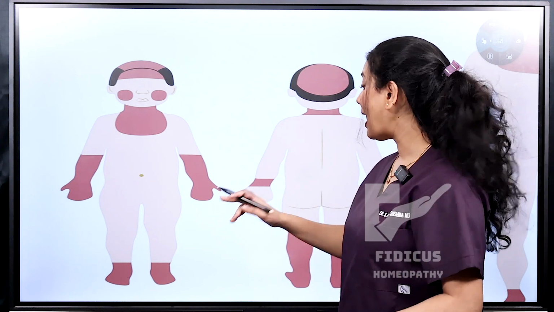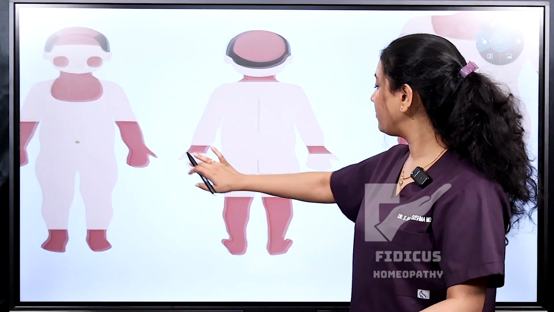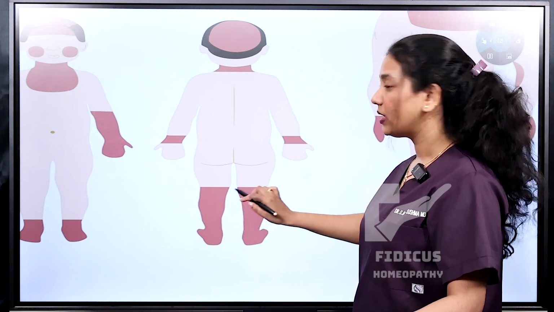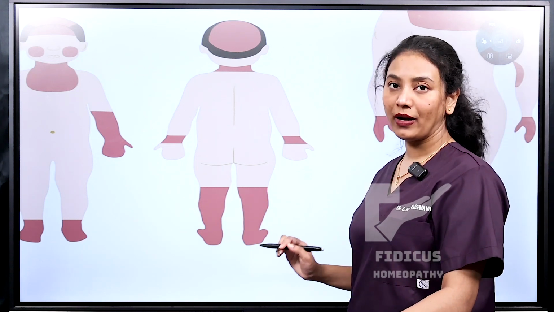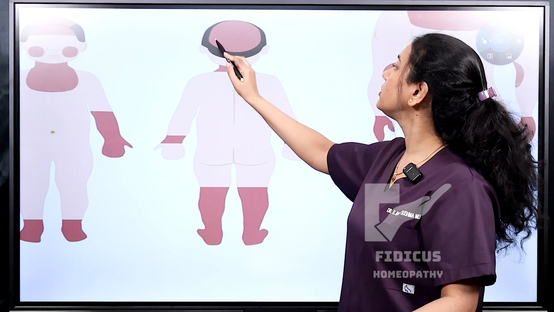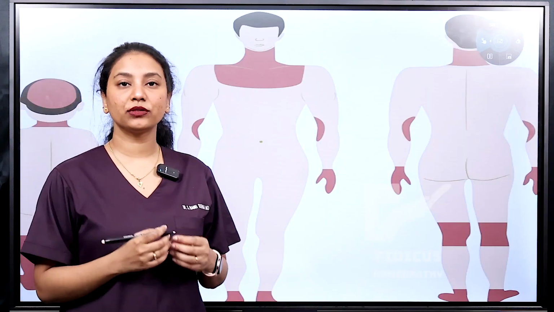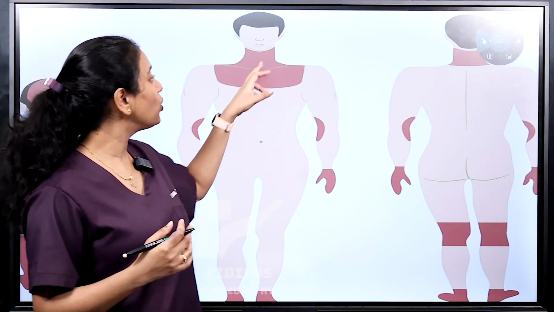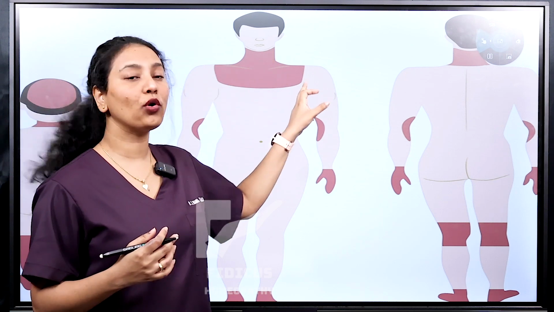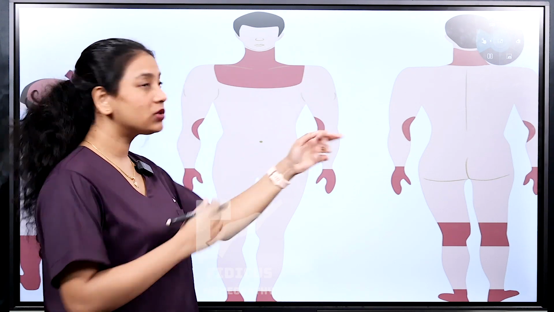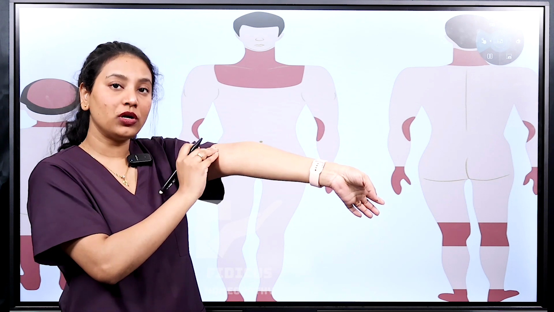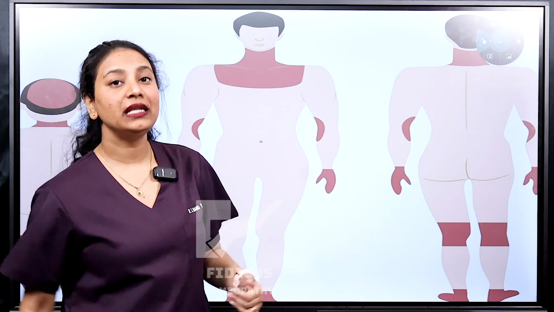The back of the leg, as you can see here, is also a more susceptible part for infants, and also the scalp part. If you're coming to the adults, then the more susceptible part is the neck and the collarbone region, and also inside near the folds, elbow fold, knee fold.